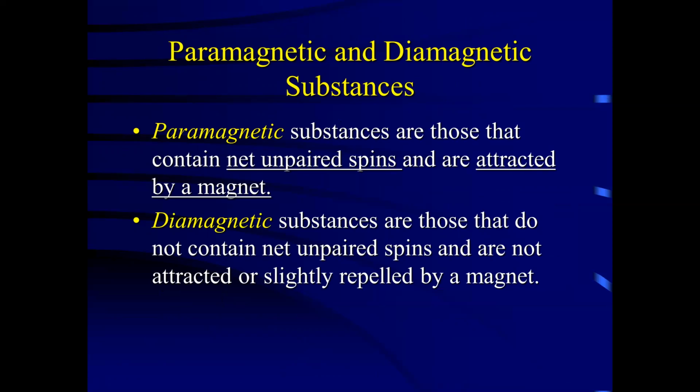Okay, in this slide we introduce another two new terms, paramagnetic and diamagnetic substance. So what is that? Paramagnetic substances are those that contain net unpaired spins and are attracted by a magnet.